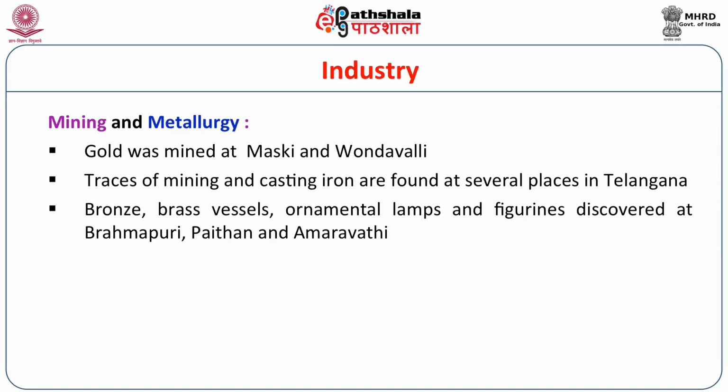Bronze, brass vessels, ornamental lamps, again ornamental lamps. This is also an important point. Lamps may be used, but ornamental lamps not for all, but for some. That is, some skilled artisans produced such ornamental lamps. Figurines were discovered at Brahmapuri, Poithan and Amravati.